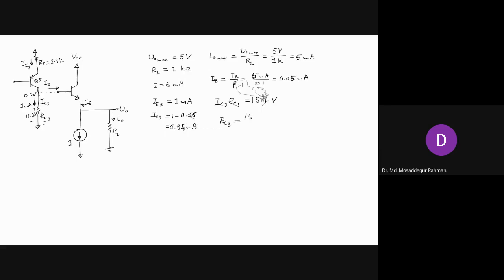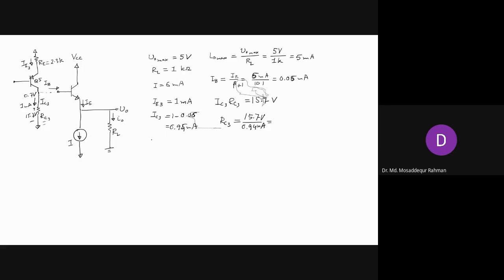RC3 should be now 15.7 divided by IC3, which is 0.94, in volt and milliampere. So it will not be exactly what we found for RC3 earlier, assuming that this is 1 milli, but it's a little less than 1 milli, and you need to then adjust this. Or you can increase the value of IC so it is 1 milli, and then it will be 15.7K, whatever. So there has to be some adjustment here, and that is not a big deal. You can easily do that.